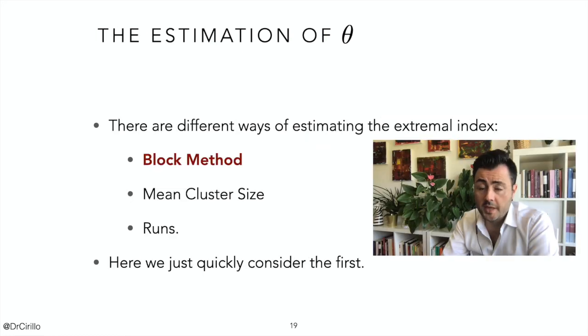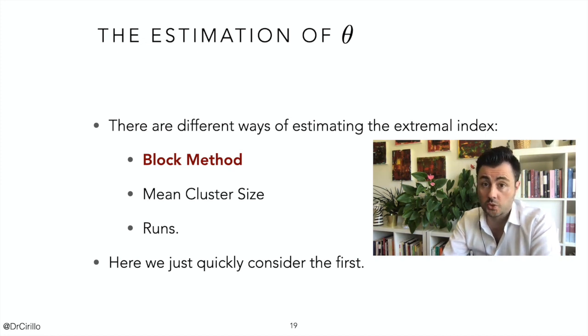There are different ways to estimate the theta parameter, the extremal index. Together, we will just consider one of these methods, that is to say, the block method. Heuristically speaking, the block method is nothing more than a method that combines the block maxima and the peaks over threshold.